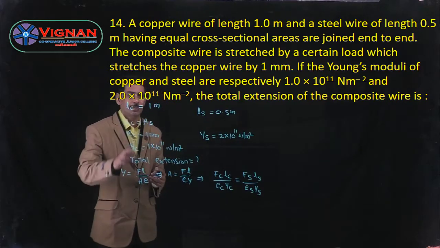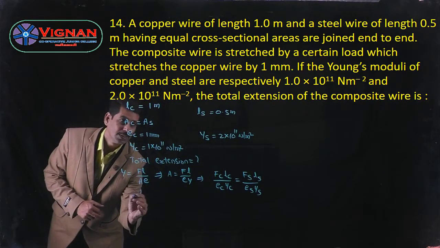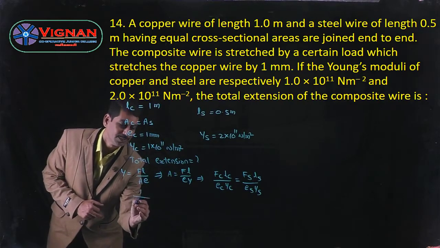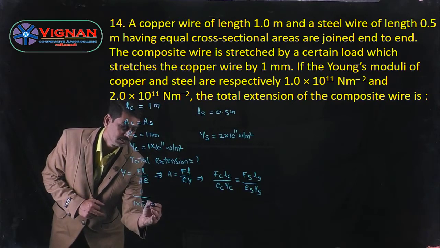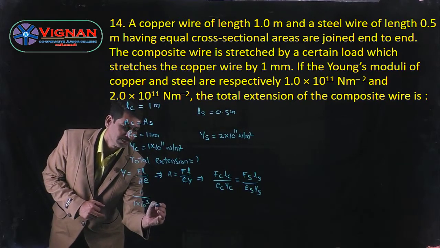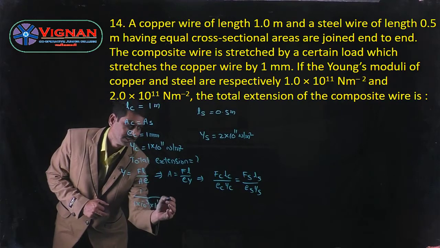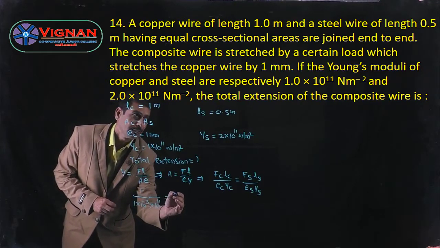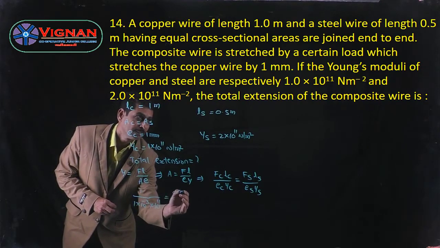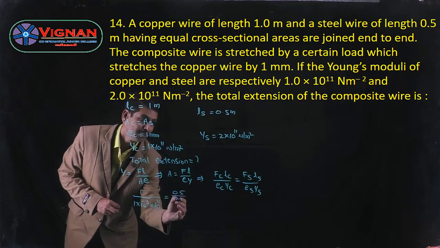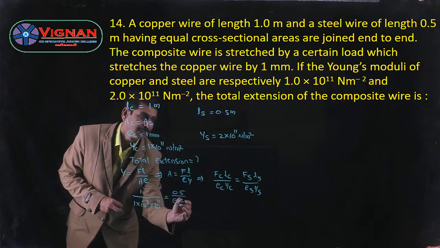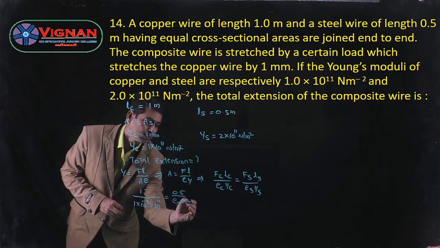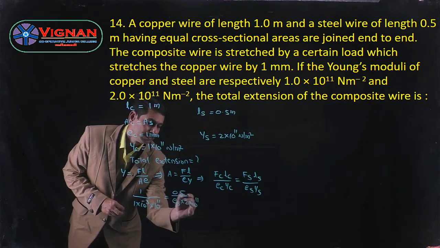So the length of copper is 1 and the elongation of the copper is 1 millimeter, which is nothing but 1 into 10 power minus 3 meter, into the Young's modulus of copper, 1 into 10 power 11. That should be equal to the length of steel, 0.5 meter, divided by the elongation of the steel, let us consider it as ES, and Young's modulus 2 into 10 power 11.